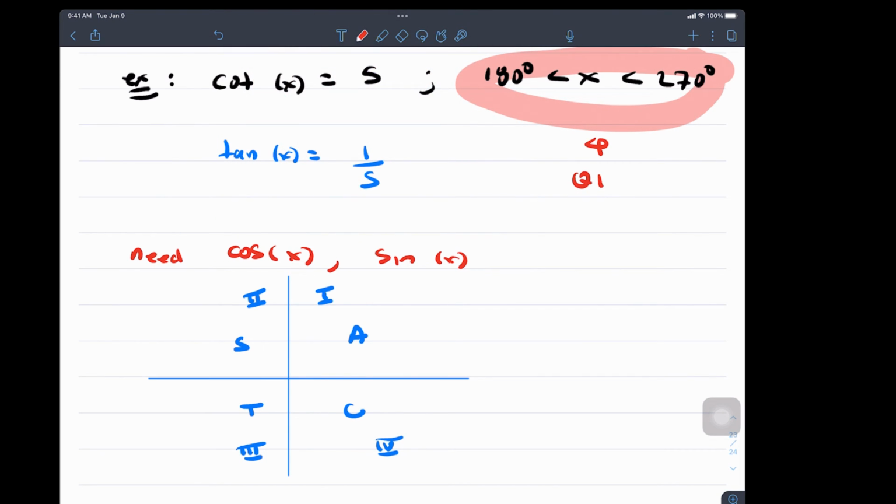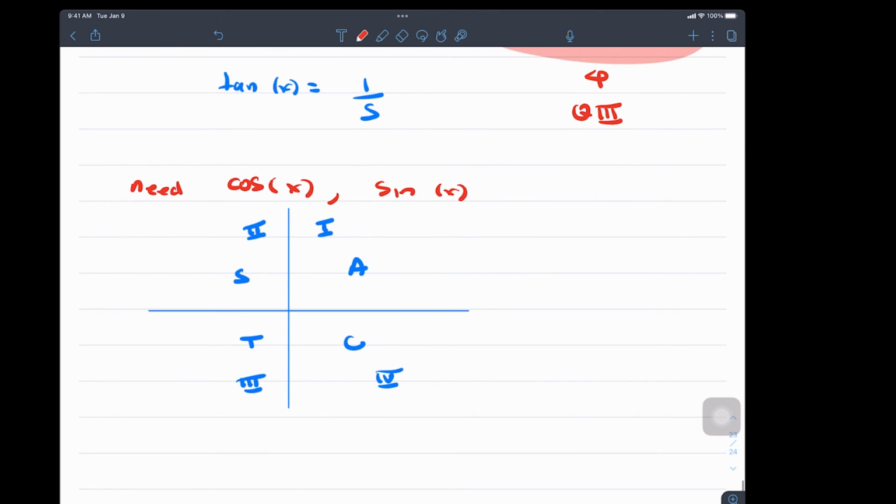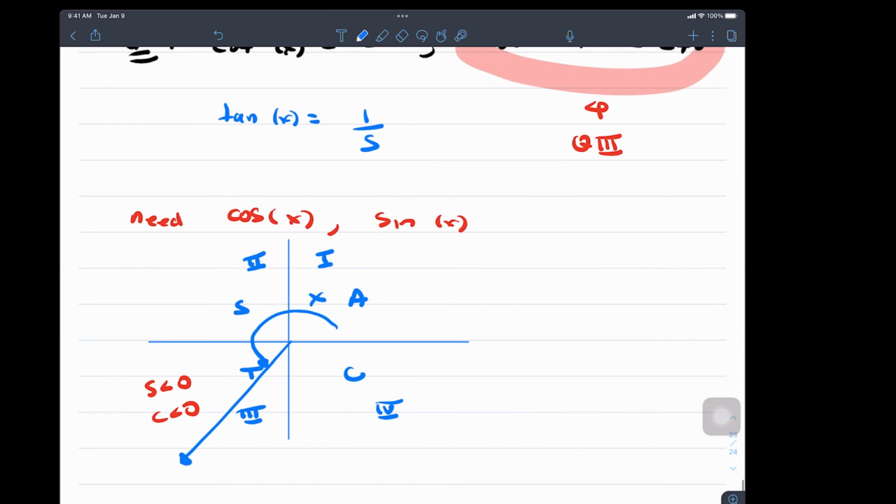Isn't this quadrant 3? So your angle's in quadrant 3. Now, what does that mean? Sine's negative, cosine's negative. Is that right? Because all students take calculus. Is that right? So I want you guys to know those are negative.